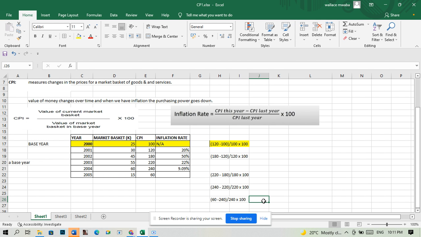Negative 180 divided by 240, that's negative 0.75 times 100. We get negative 75%. So we have a decrease. It's showing that there is a decrease. So that's how we calculate the inflation rate.